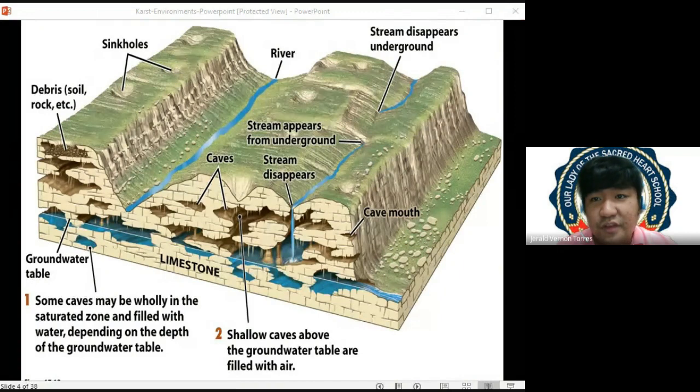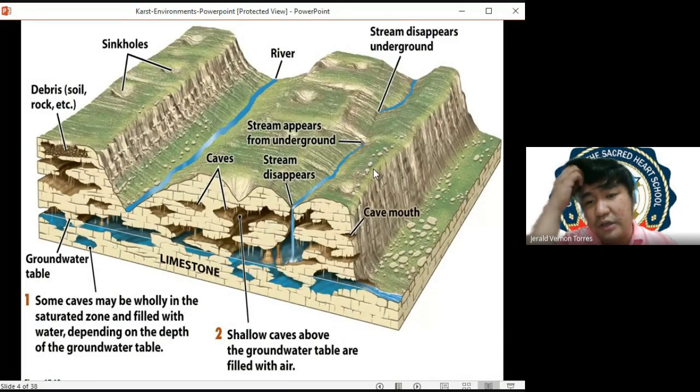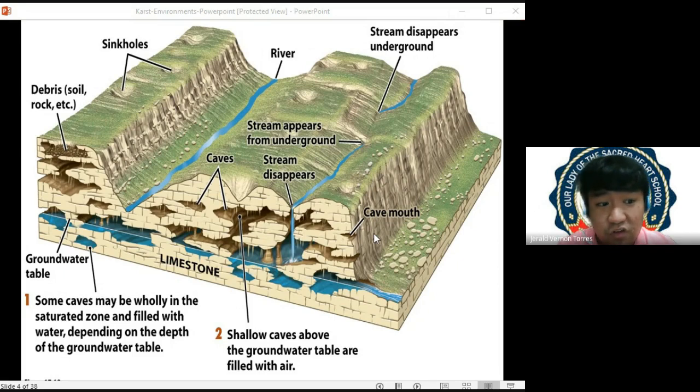Yun nga, yung parent rock natin dito, if you would observe, there are cavities formed, and these cavities form is due to the dissolution of rock. So nagkaroon tayo ng dissolution of rocks due to some physical and chemical action of water, and these cavities form your caves and other karst landform.